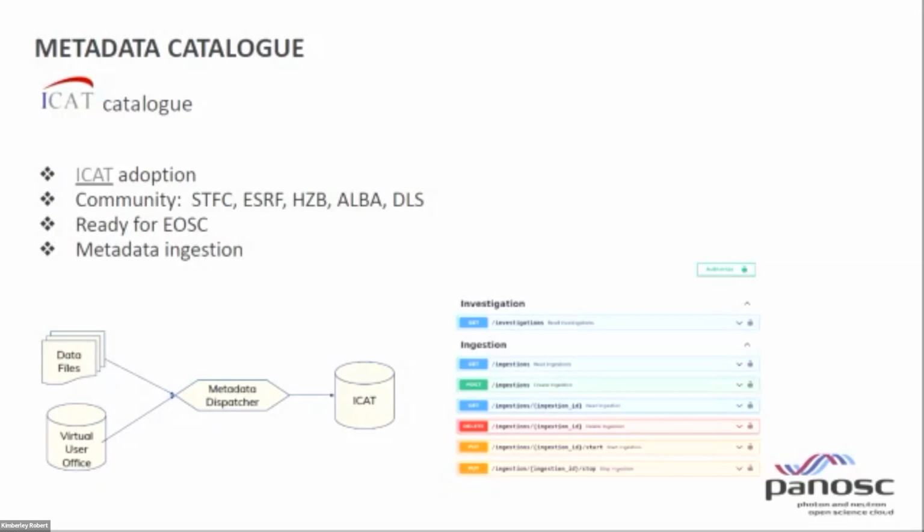We chose ICAT, which is supported by a large pan-European community and is ready for EOSC. It has its own OAI-PMH and search API implementation. Now we have the latest version of ICAT in place, and it has been populated by a metadata ingestion system that fetches the generic metadata from VUO, fetches the experimental metadata from files, and ingests them in the catalog.